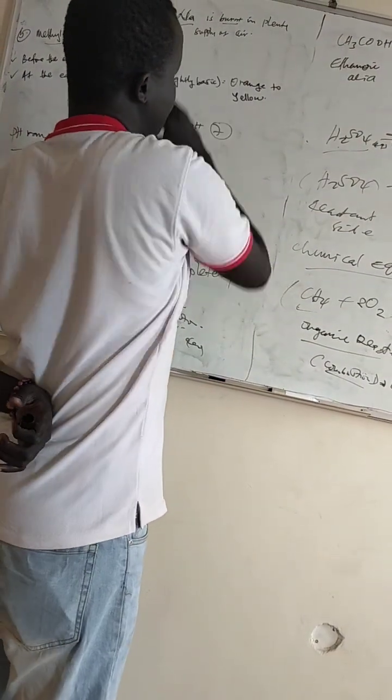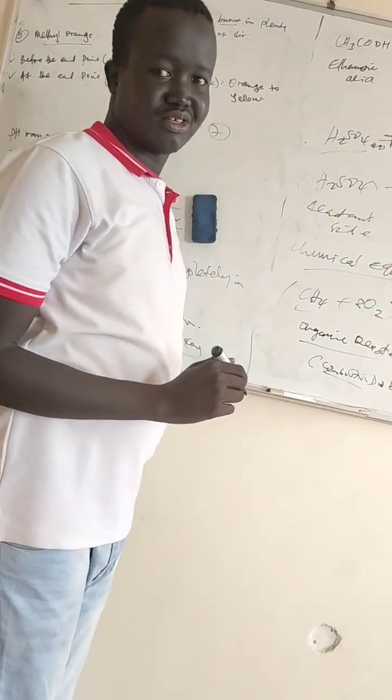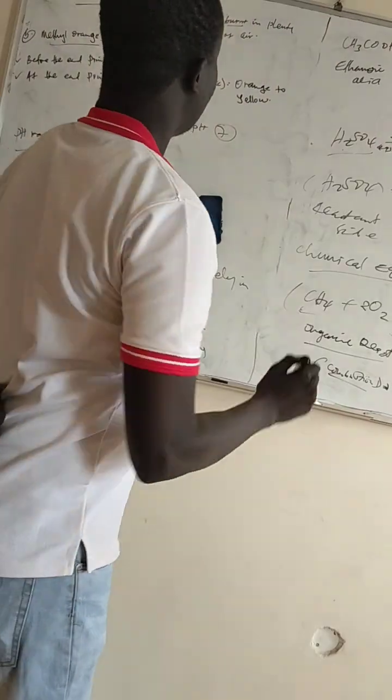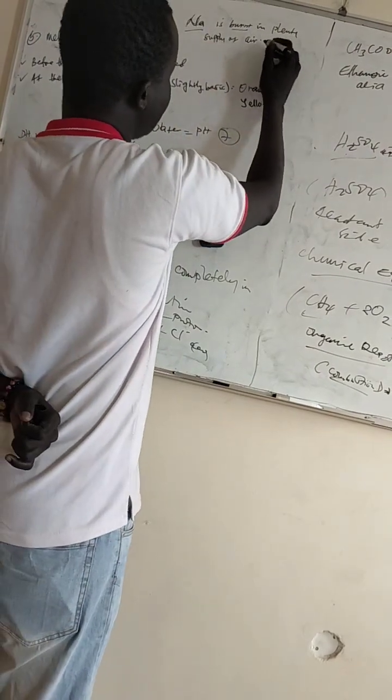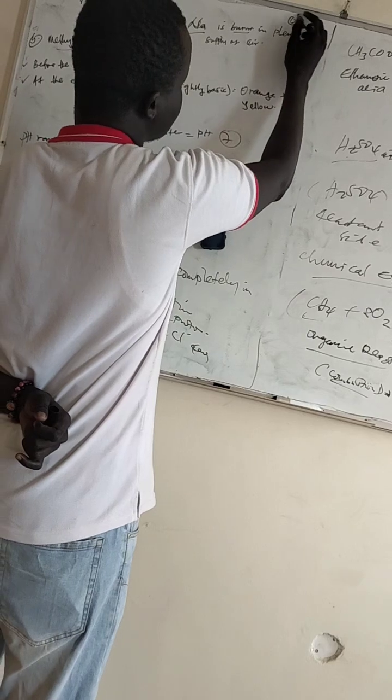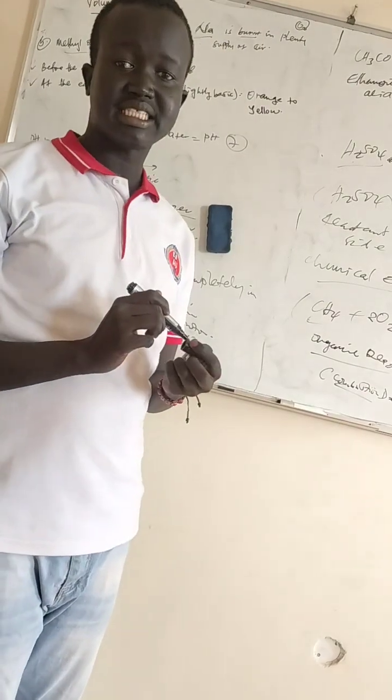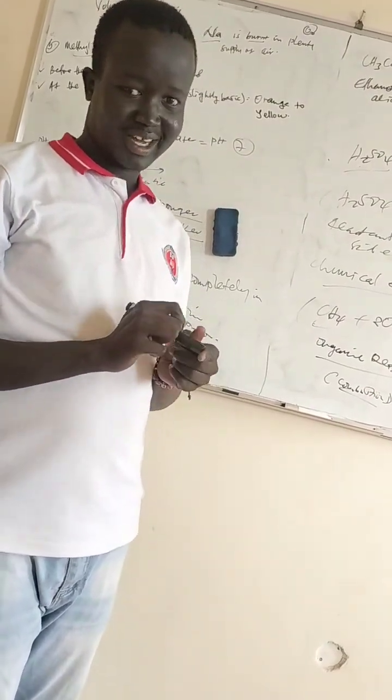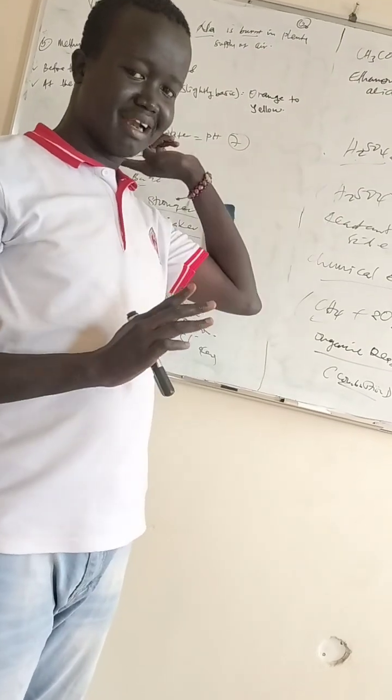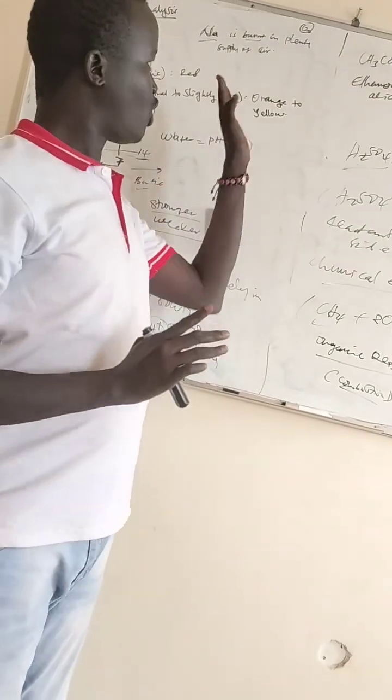The word burn means there is a combustion. And when there is a burning, that means there is also oxygen, because oxygen is the only gas that supports burning. All the other gases don't support it apart from oxygen.